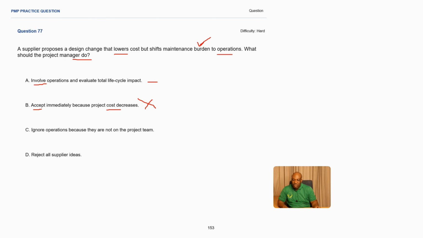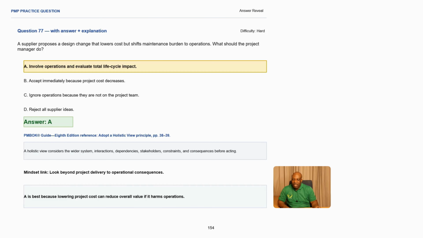You don't ignore stakeholders. You engage them. You sit with them. You understand them. You try to see how you are going to work with them throughout the project. So this cannot be the answer in this scenario. Okay. Reject all supplier ideas. You don't just reject. You need to analyze, understand, and also appreciate where the other stakeholders are coming from. All right. Making A the best answer in this scenario. So A is the best answer.